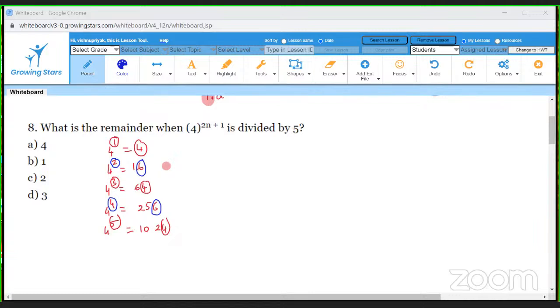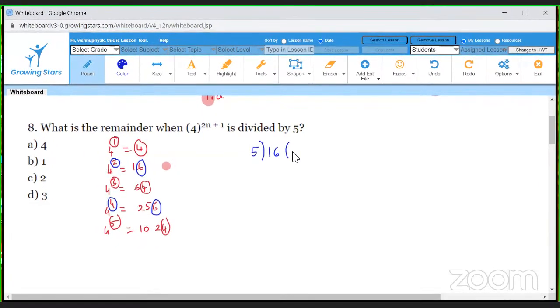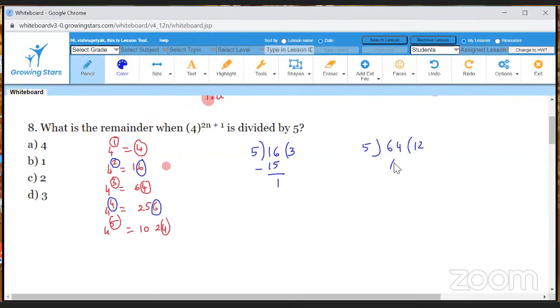If you want, you can see. Suppose you are dividing 16 by 5. What will you have? 5 threes, 15. You will have remainder 1. When you divide 64 by 5, 5 12 60. So 4 is the remainder.